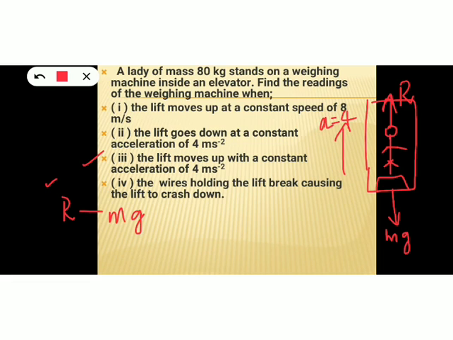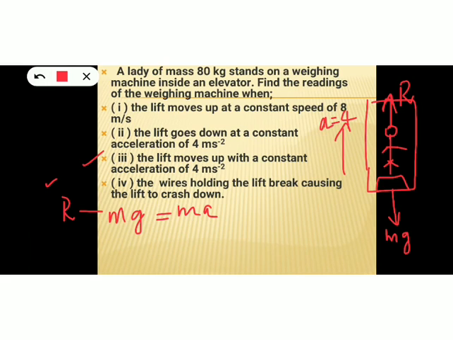So we can write R minus mg equal to the net force, and as per Newton's second law the net force is ma. So instead of F we can substitute ma.